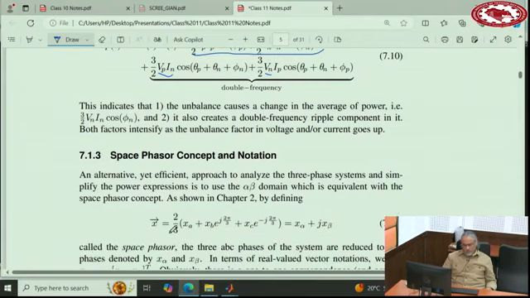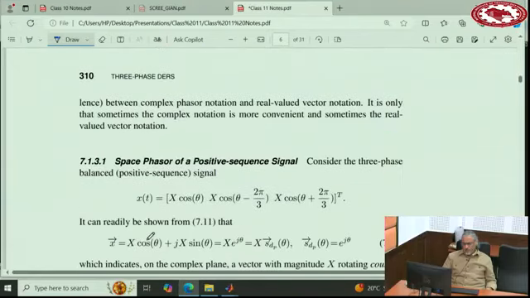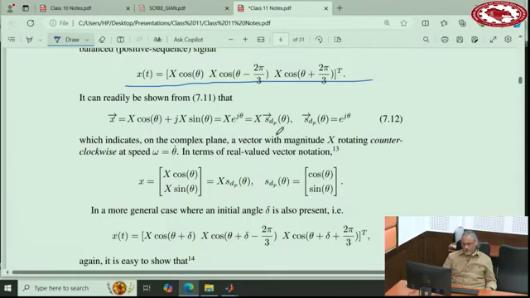Okay, space phasor, remember in one of the earlier classes we already defined it for a 3-phase system, alpha, beta. And then space phasor of a 3-phase balanced positive sequence waveform will be this one, x into e to the j theta. Now I'm going to introduce several notations.